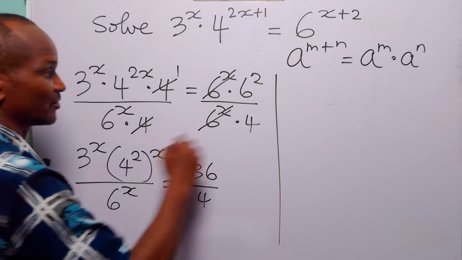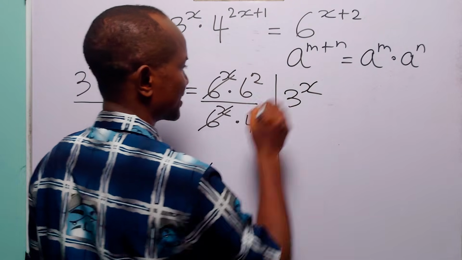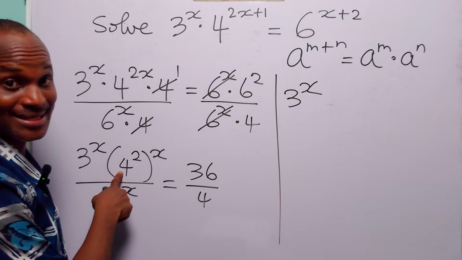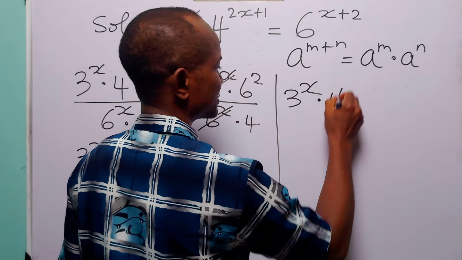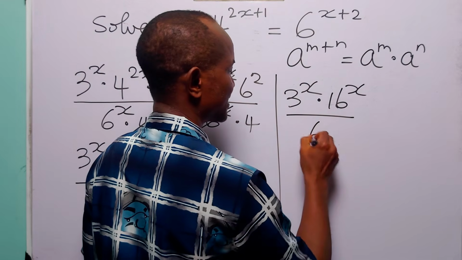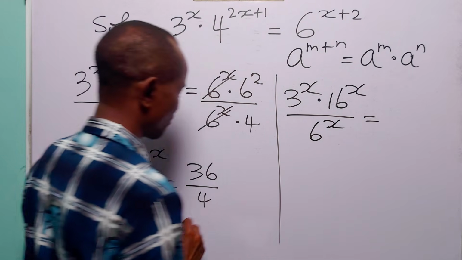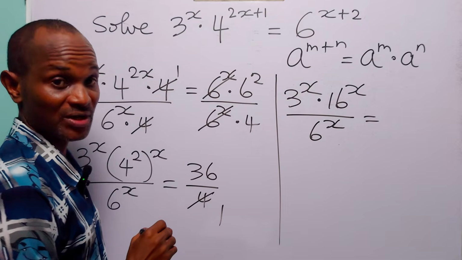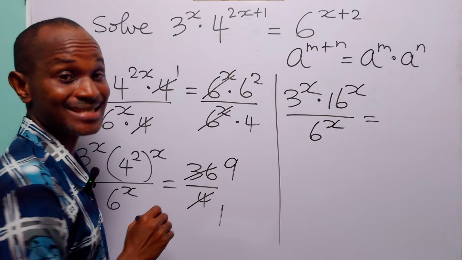Now, on the left-hand side, we have 3 to the power x times 4 squared, which is 16, to the power x divided by 6 to the power x, and this is equal to, 4 into itself is 1 and into 36 is 9.